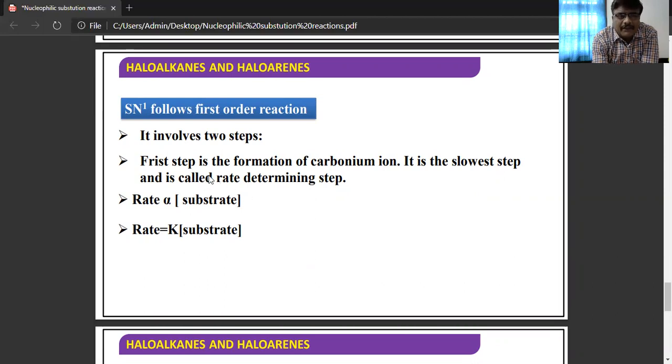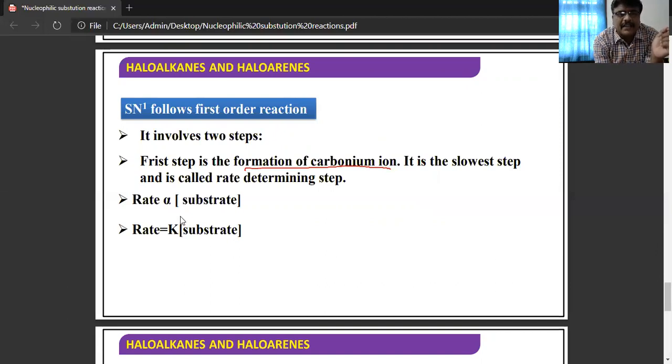Though two steps are involved here, the first step is the formation of the carbonium ion. That step is the slowest step. We know that the rate of reaction depends on the slowest step. Since the formation of the carbonium ion is the slowest step, the rate of reaction depends on that step.